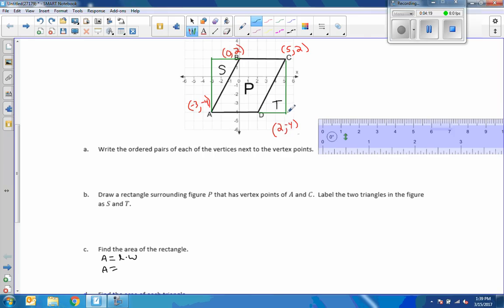This is a distance of 5. This is a distance of 3, so the length is a total of 8. And the height goes from negative 4 to 0, which is 4, and then 0 to 2, which is 2 more, so 4 plus 2 is 6. So the area of this rectangle is 48 units squared.